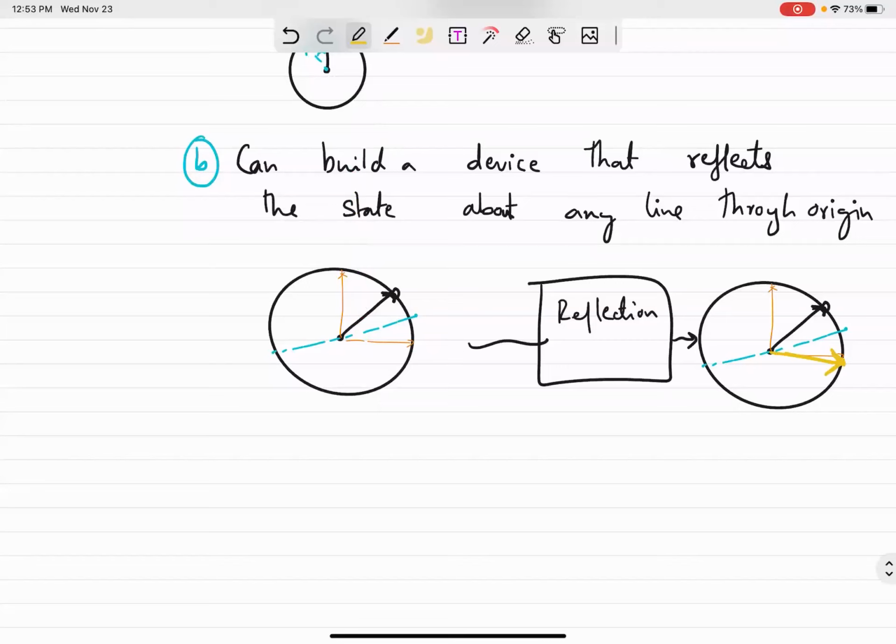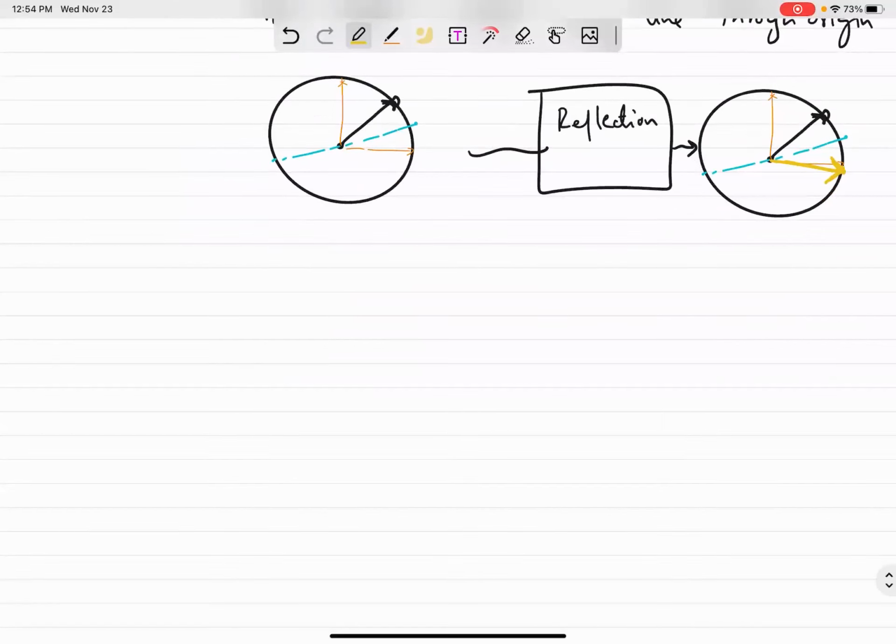When we talked about circuits, we said there is something which takes the 2 bits and outputs the AND. Here, give me any line, I can build a device which transforms it this way. All right. Now, for example, there's a very special line and a reflection around it, which is the line at angle.